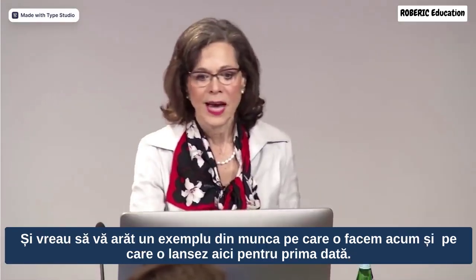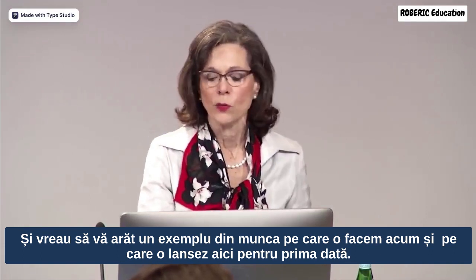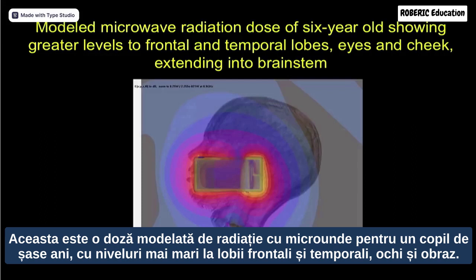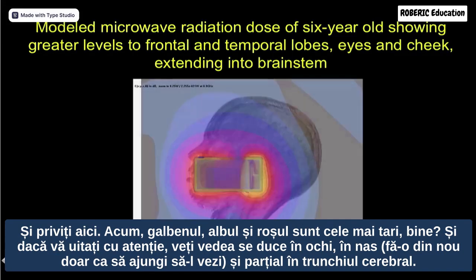biologically important. And I want to show you an example of some of the work that we are doing now that I'm releasing here for the first time. And this is a modeled microwave radiation dose of a 6-year-old with greater levels to the frontal and temporal lobes, eyes and cheek. And watch this here. Now, yellow, white, and red are the hottest, all right?